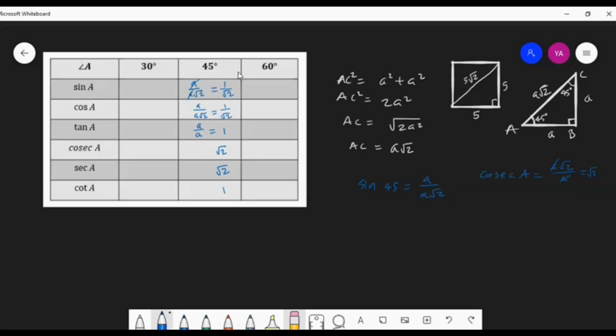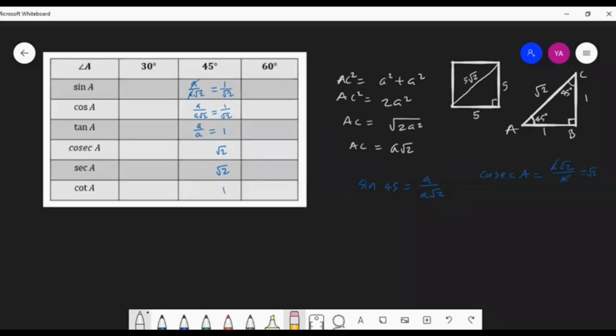So if you remember this triangle, a, a, root 2, I think little more we can simplify this. We can take the side length as units. Suppose the first perpendicular side is 1 unit, then the second perpendicular side will also be 1, and this will be root 2.